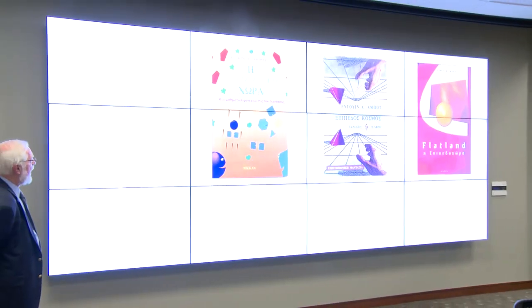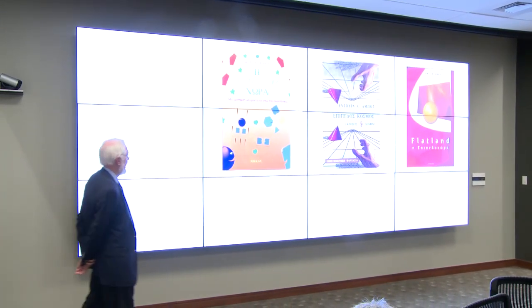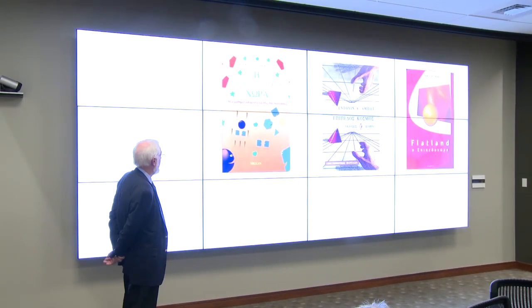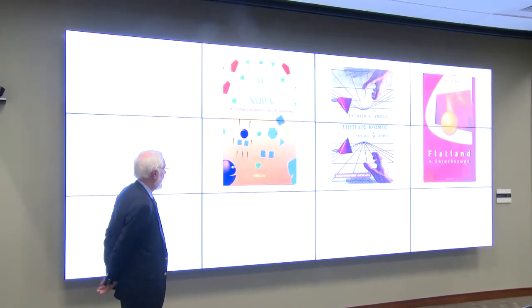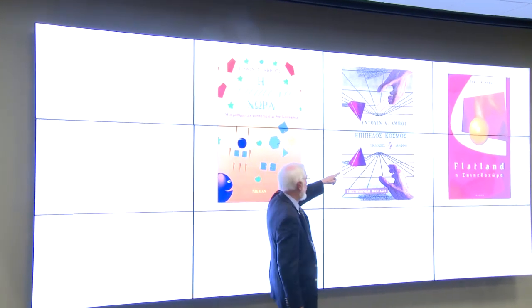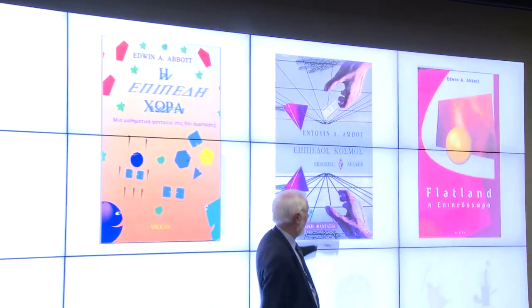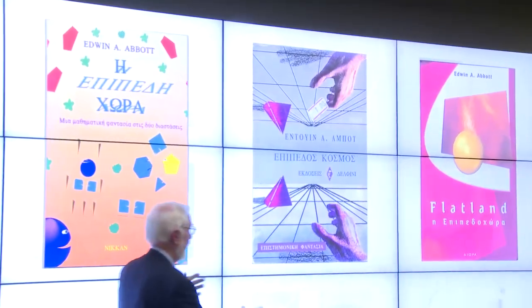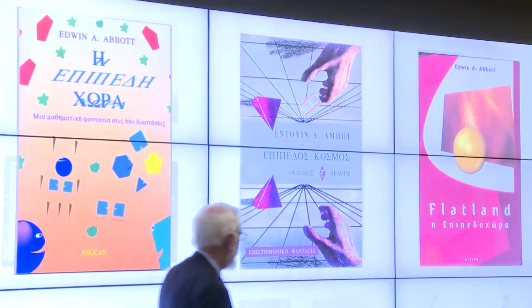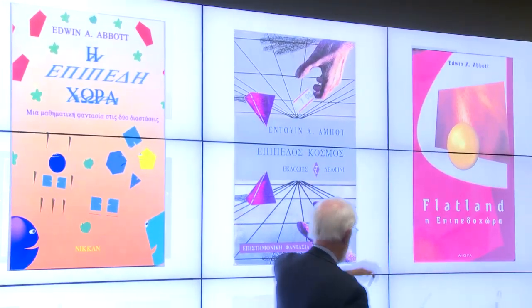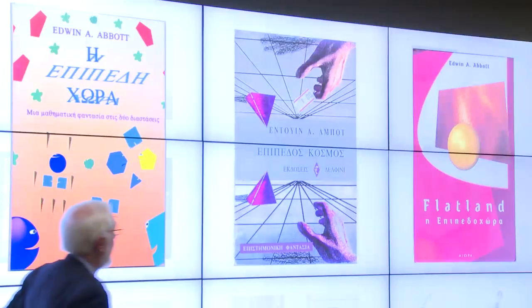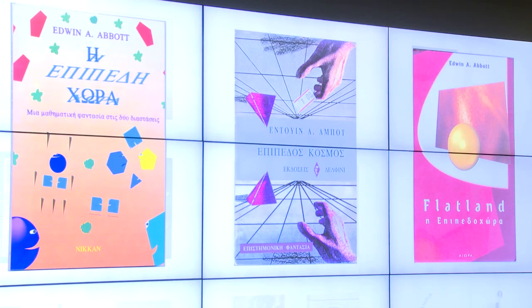Okay, and this is Greek. Epipede kora, or epipedos cosmos, the flat land, but this flat universe here. Okay, and 3 different editions. Epipedakara, that's again Flatland. And it's very appropriate, of course, because two-dimensional geometry for many years was Greek.